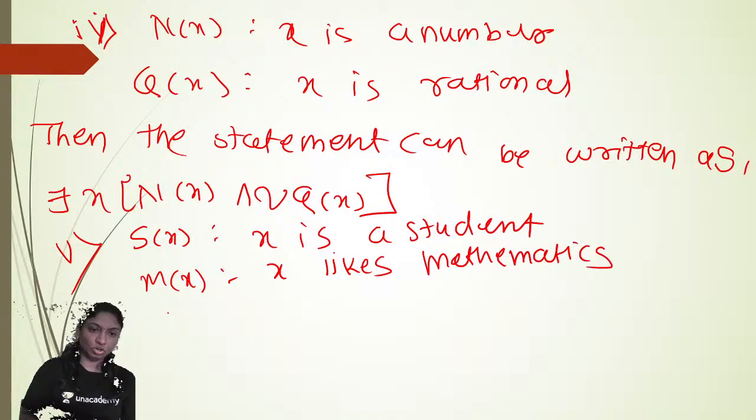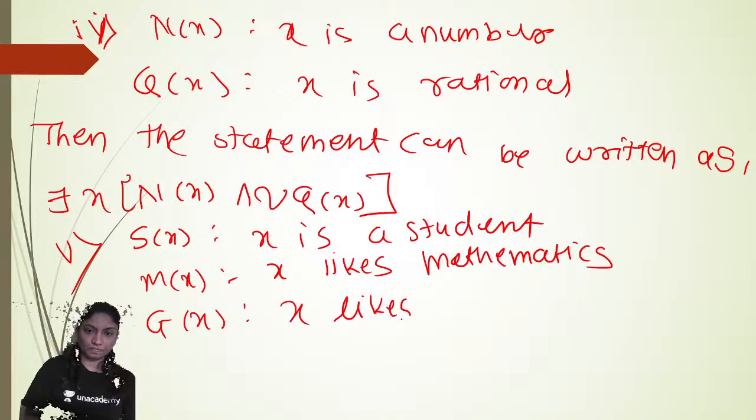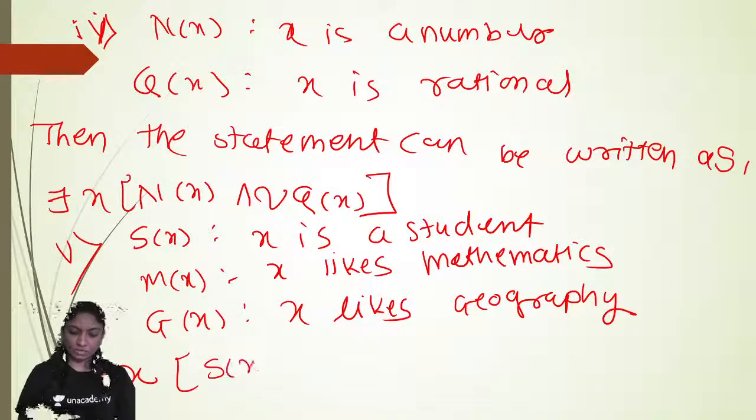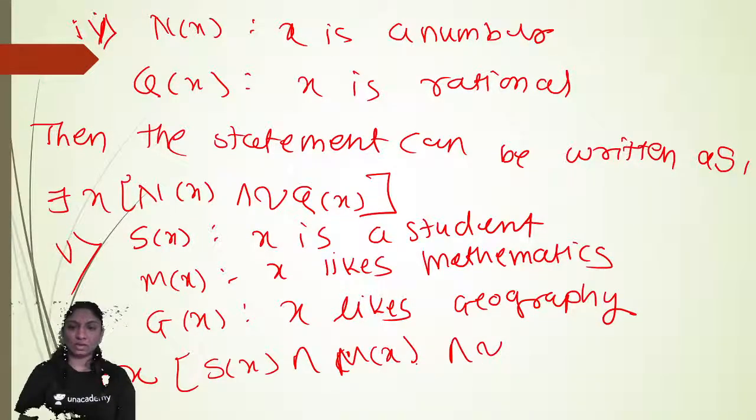G of x: x likes geography. Then the statement in symbolic form you will get is there exists x, S of x and M of x and not G of x. Means x is a student who likes mathematics and does not like geography.